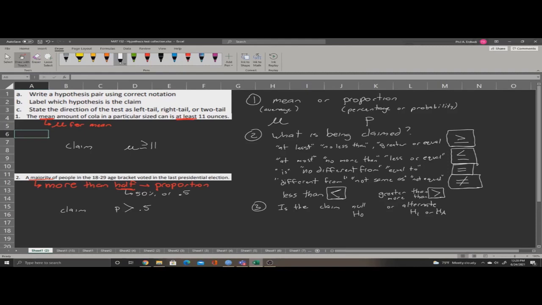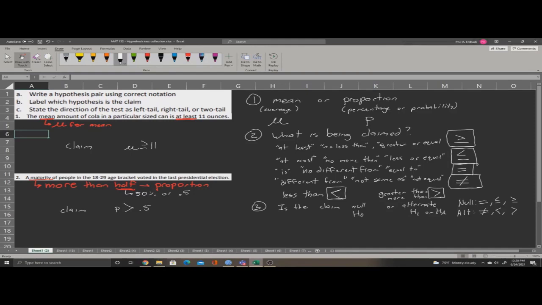Now, to tell which is which, the null hypothesis will include equals somewhere in it. So it could be equal, less or equal, or greater or equal. If you see any of these signs, then the claim is null. For the claim to be alternate, we could see not equal, strictly less, or strictly greater.